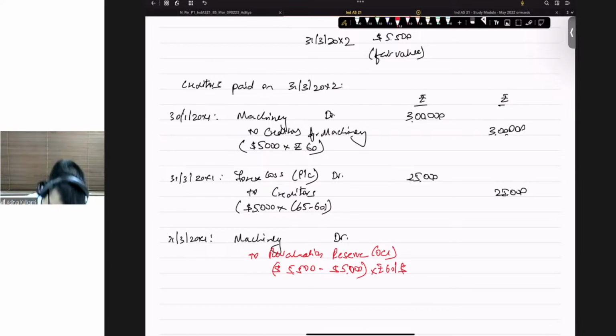So 500 into 60, this comes to 30,000. Is this part okay, everyone? Is this part okay? Increase in value, is it okay? Yes.